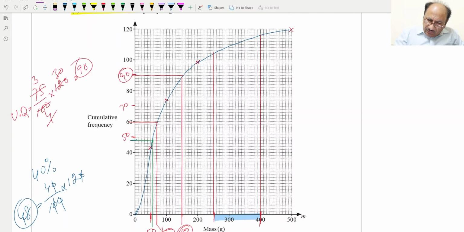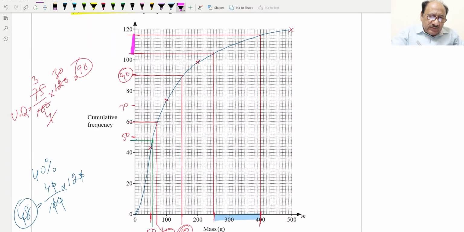So we need this count, this detail, we require.